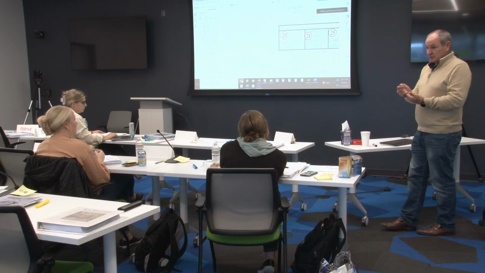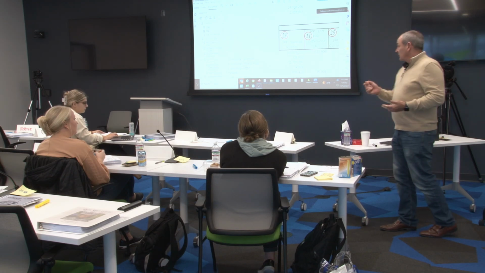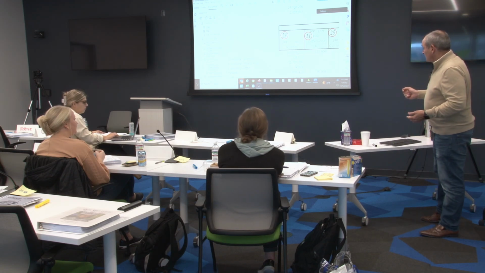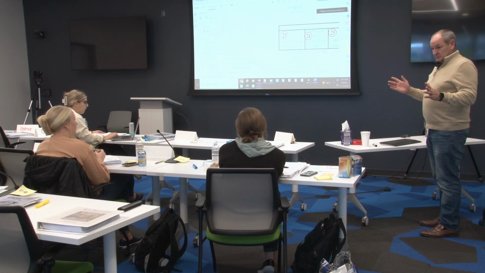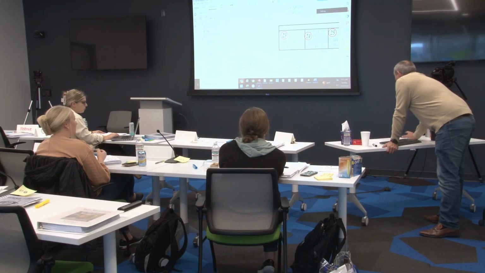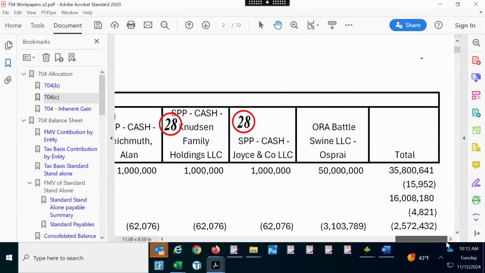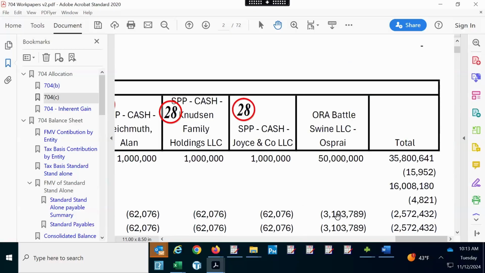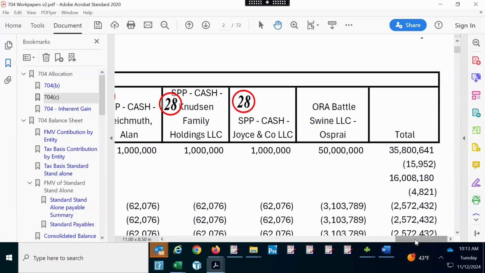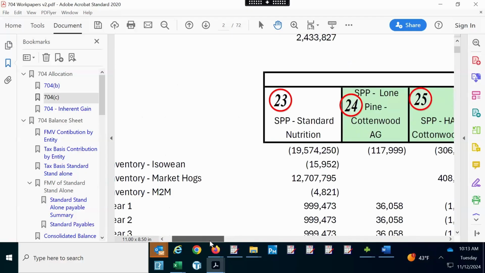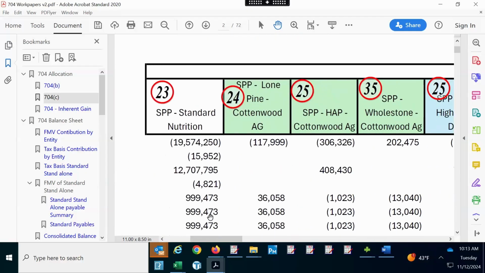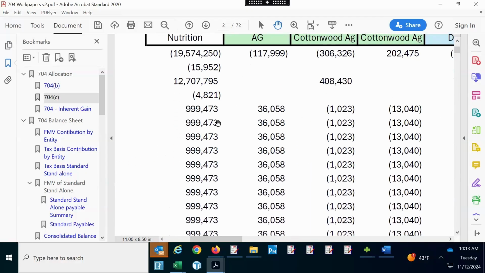So traditional with curative actually would have worked. But they said, we're doing remedial. So the non-inherent gain partners got their 3 million, their 62, so on and so forth, which results in an income pickup of $1 million to that particular partner.